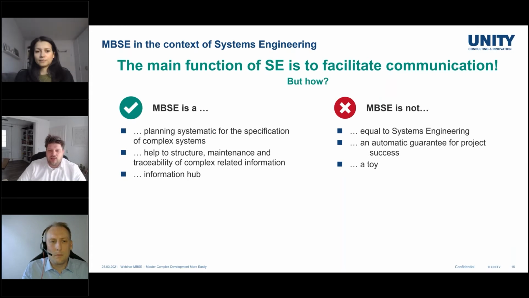MBSE is a supporting facilitator for a successful conduction of a systems engineering effort, right? Therefore, MBSE is also not an automatic guarantee for project success, far from it. And on the other hand, it's not a toy. So modeling everything doesn't fit the purpose, right? It's about a measured approach.